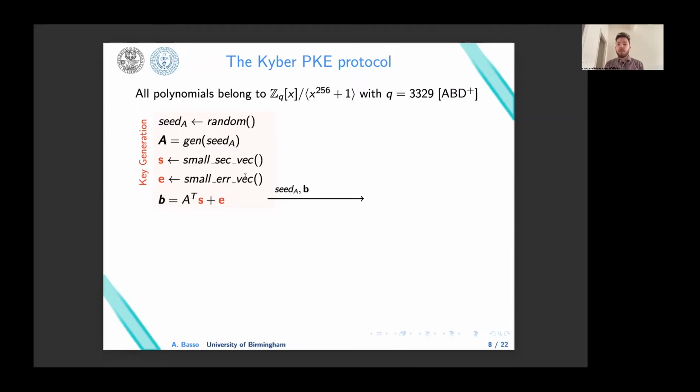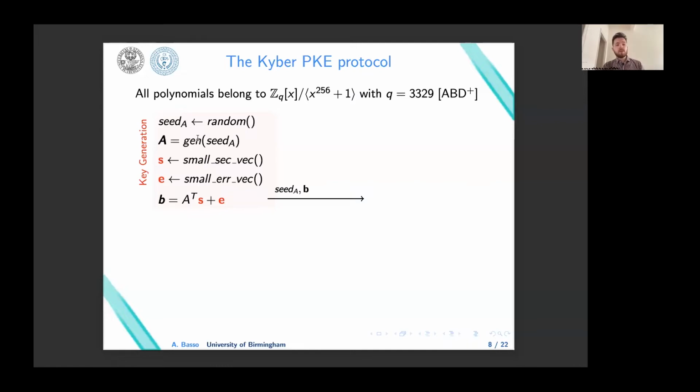And key generation is pretty much the same as what we've seen before in the key exchange. So we generate a random seed, then we generate the matrix A from this seed, generate vector S, vector E, and then the vector B as an LWE sample.